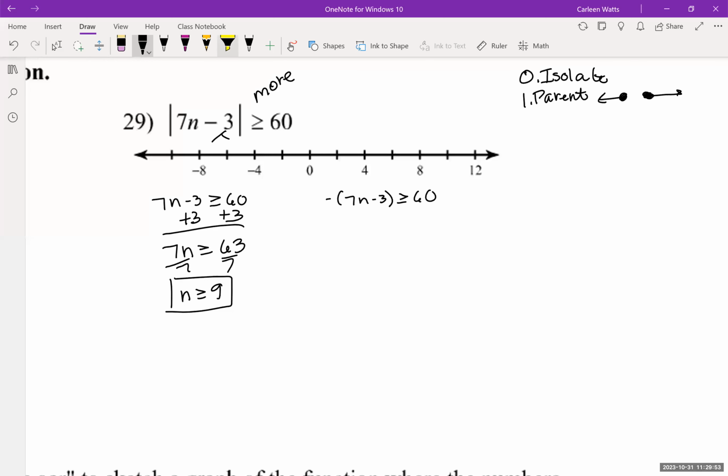Okay. Over here. What's my first step? All right. Divide by -1. So we have 7n minus 3 is less than or equal to -60. Okay, solve. 7n less than or equal to -57.